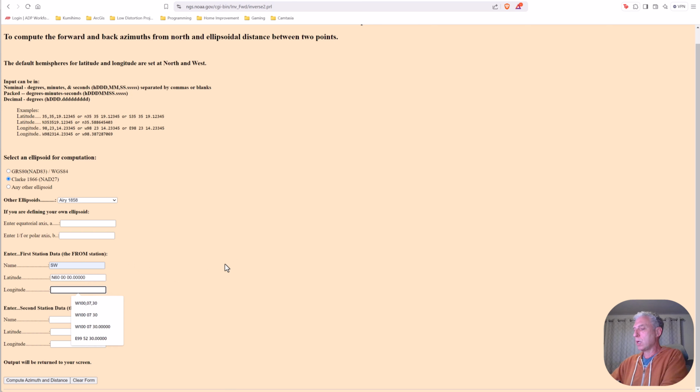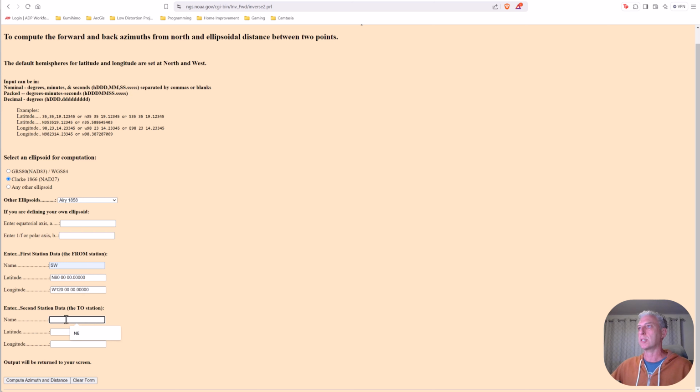And then we have west longitude, I'll say 120 00 space 00 point 0000 for consistency. So that's the first one, and we know the latitudes and longitudes of the four corners of the map.